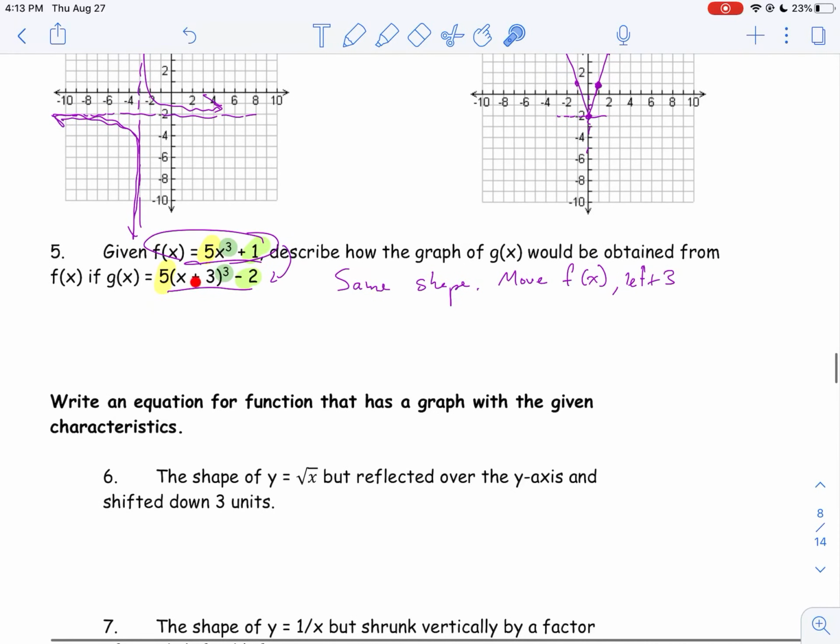And so that takes care of this plus 3. And then here, this was shifted up 1, and now it needs to shift down 2. So that's a difference of 3. So we're going to have to take f of x and move down 3. So move f of x left 3 and down 3.